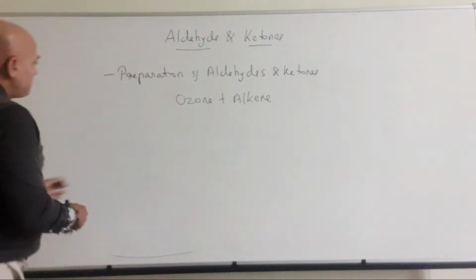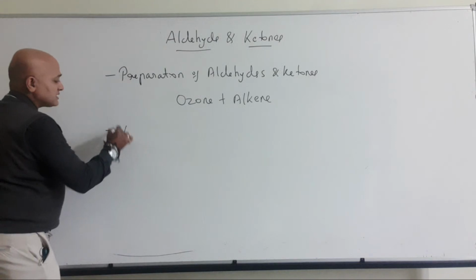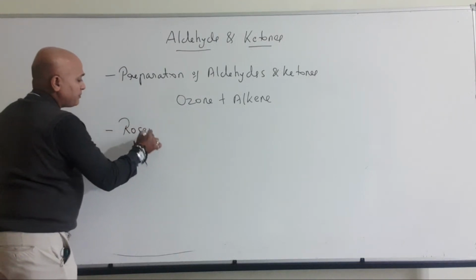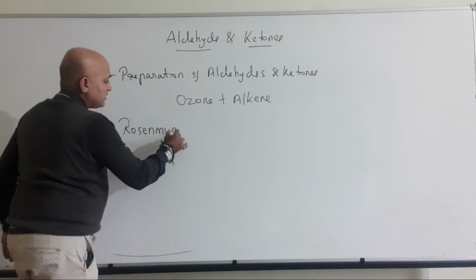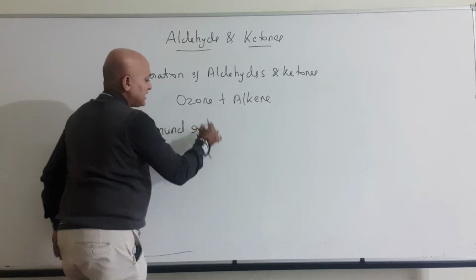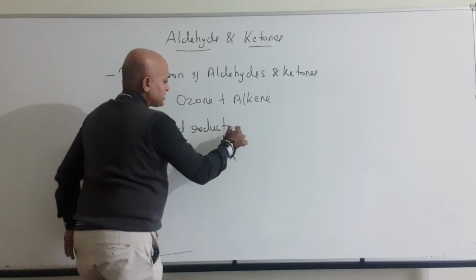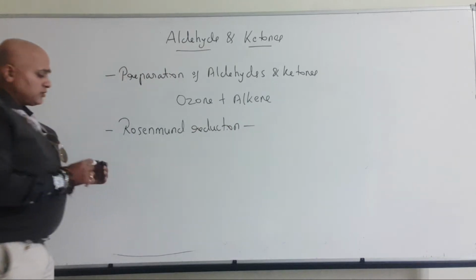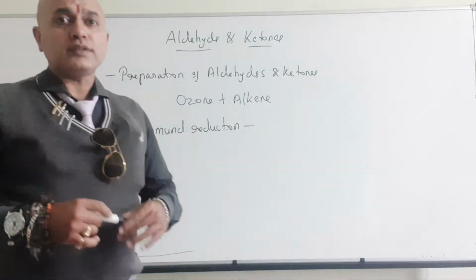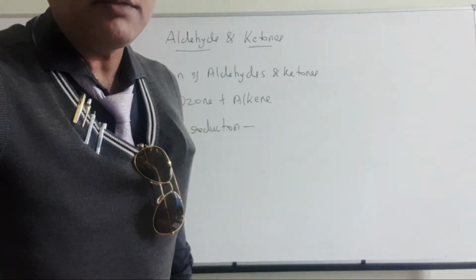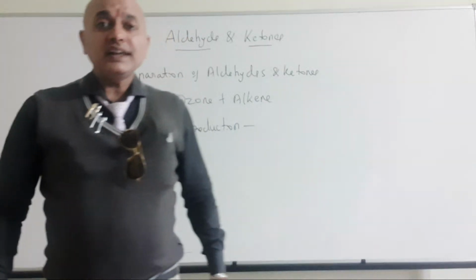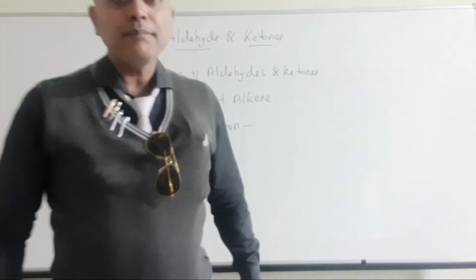Yes, as you people told, we have discussed the Rosenmund reduction reaction, right? So the Rosenmund reduction process. Now can you tell me how reduction takes place in Rosenmund reduction?